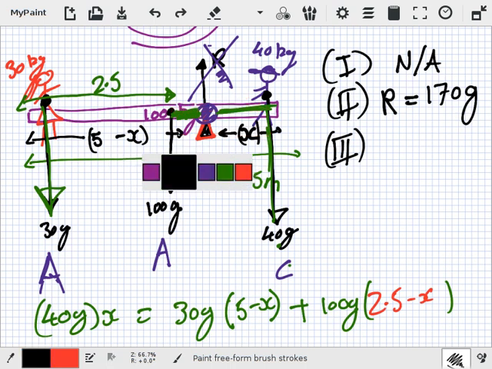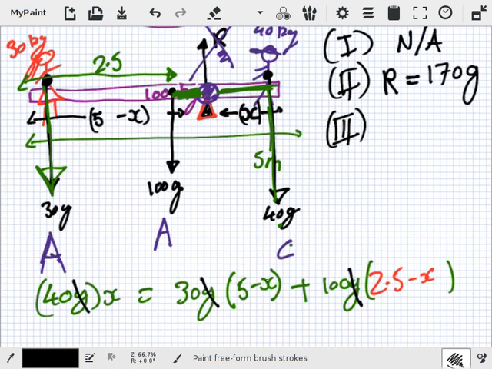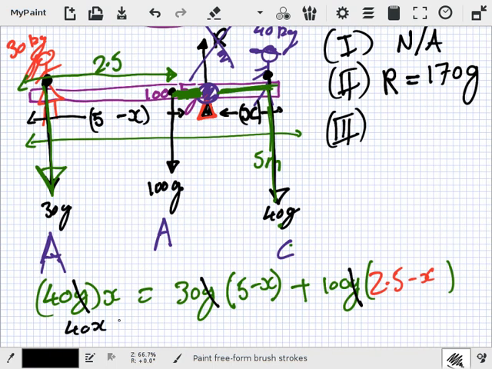Can you see I can solve this to get x now? What's in common to everything? What can we cancel here? There's g, so we can cancel out the g. So this would be 40x equals 150 minus 30x plus 250 minus 100x. Now, can you find x? That's easy peasy, isn't it?